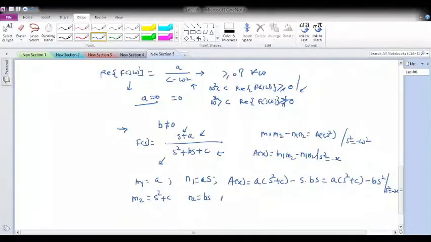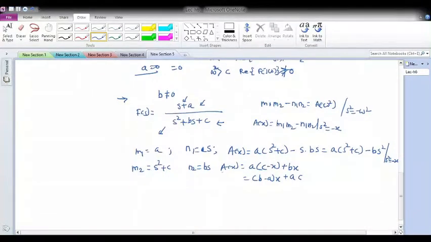So a of x will be a into c minus x, and minus b into minus x, which will be plus b into x. Now I can combine this: minus ax plus bx, so it will be b minus a into x plus a into c. This is my a of x. Now a of x has to be greater than or equal to 0 for all x.